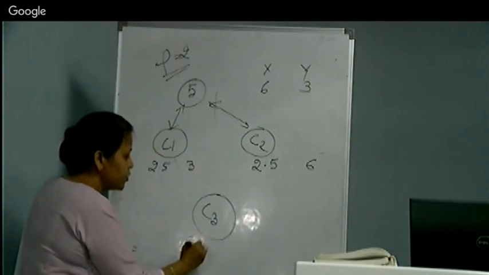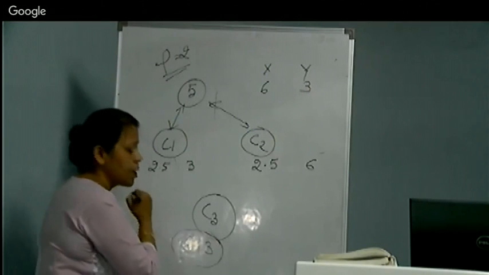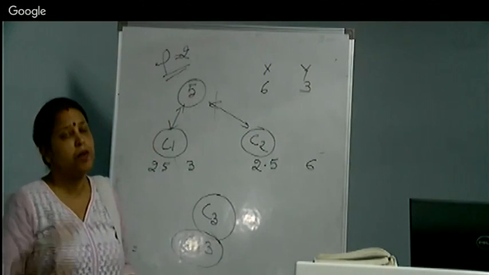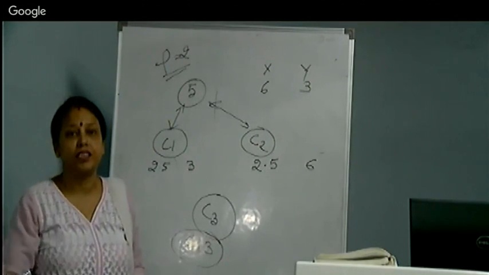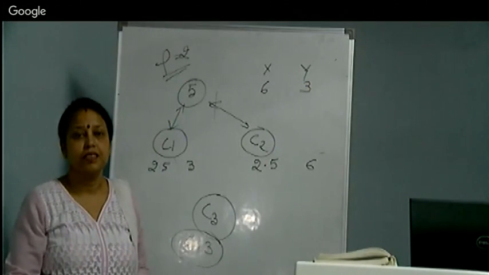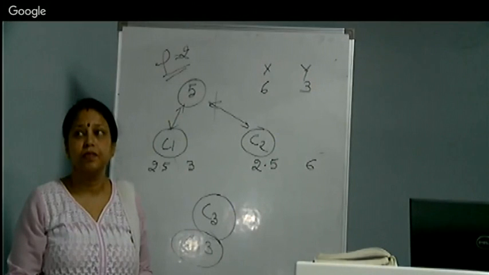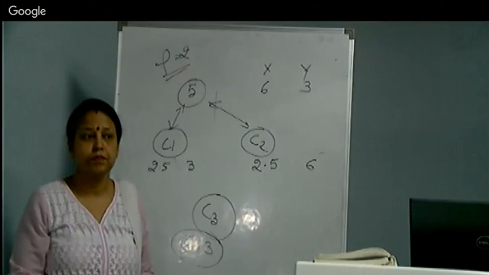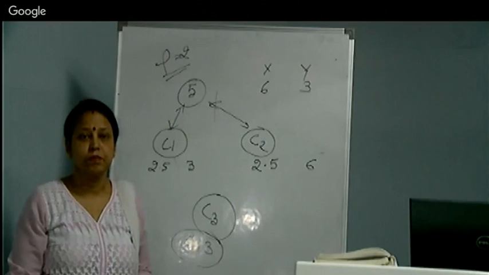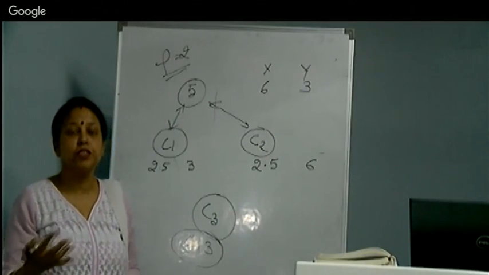So for C3, the center coordinate will be 6 and 3, because it is in the new cluster. Have you understood that?